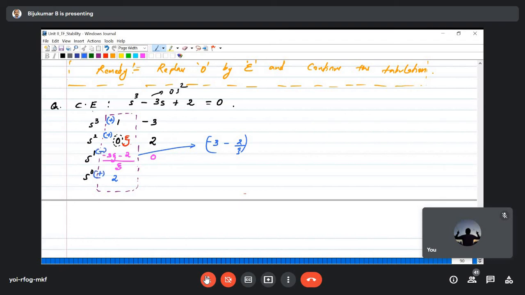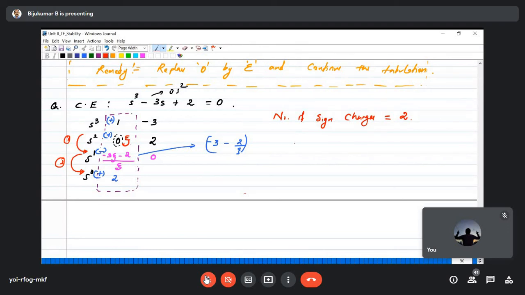So what about the sign change? There is a sign change from plus to minus, and again from this minus to plus. So we have 1, 2, right? So the number of sign changes is equal to 2.